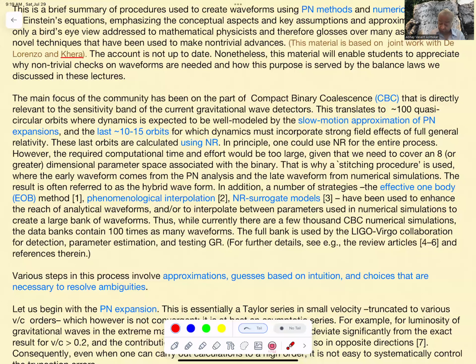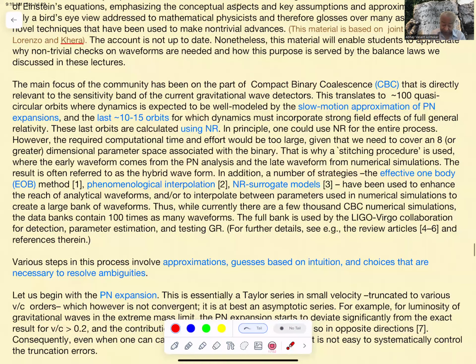In principle, one could use numerical simulations for the entire process for these 120 orbits or cycles. But the required computational time and effort would be too large, given that we need to cover an 8 and greater dimensional space, because we also have these external parameters associated with where the binary is located: its sky location and distance. So we have at least an 8 dimensional parameter space.